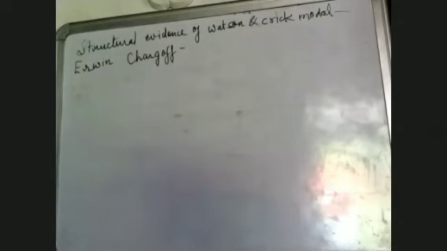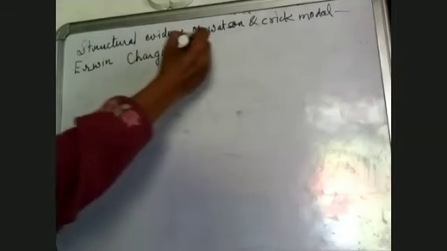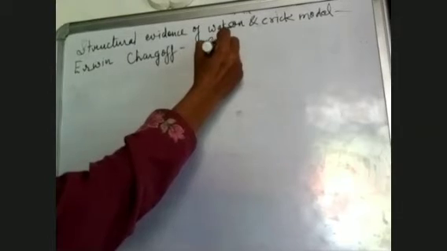Erwin Chargaff gave the structural evidence, and what was it according to him? According to him, he gave a few rules. What were his rules?